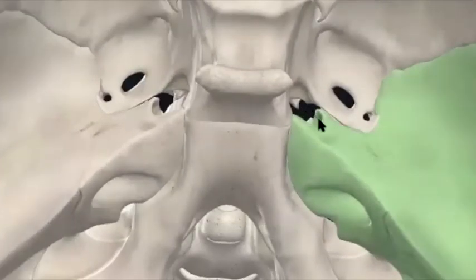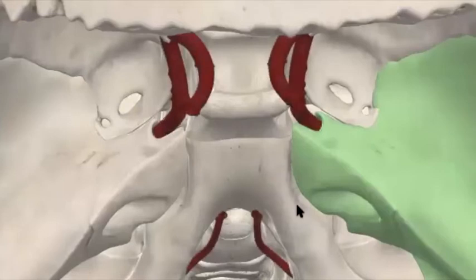So also on the temporal bone right here, this passageway coming into the foramen lacerum, you can see this little hole right here. That is where your carotid artery comes out over here.